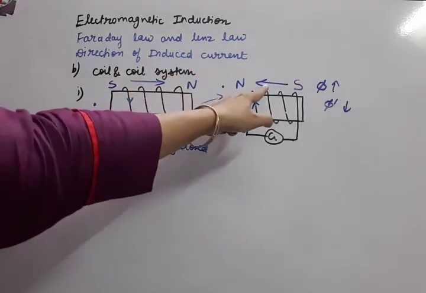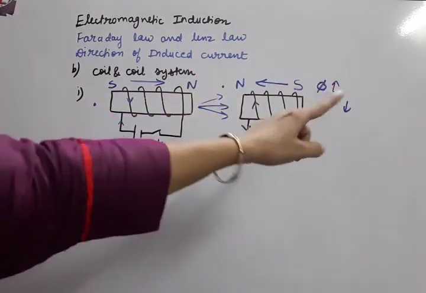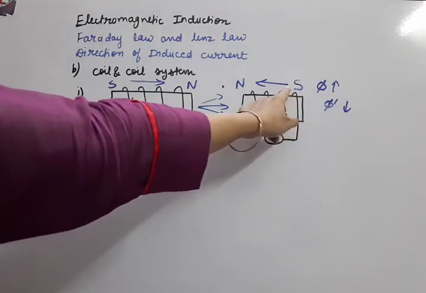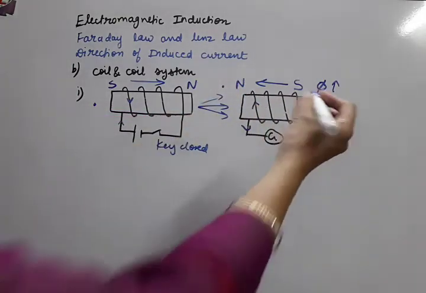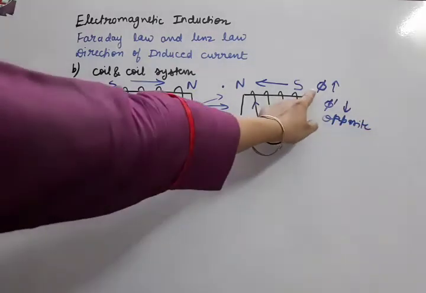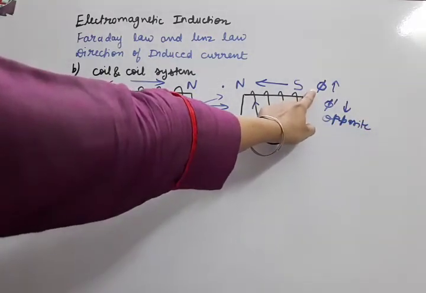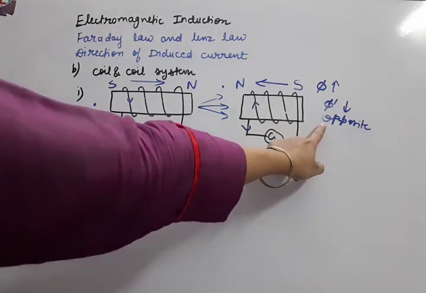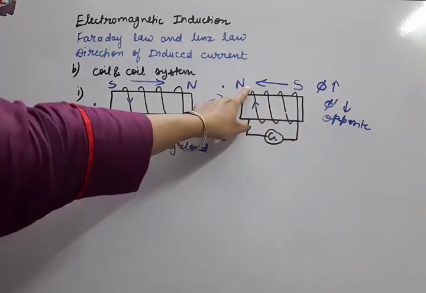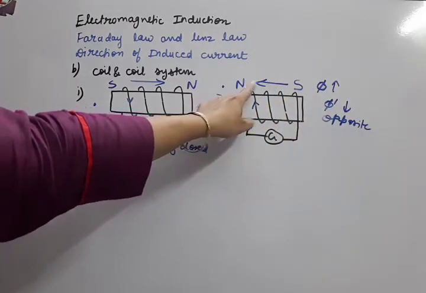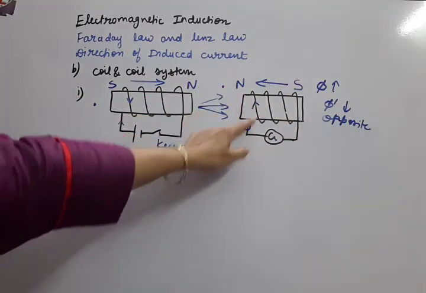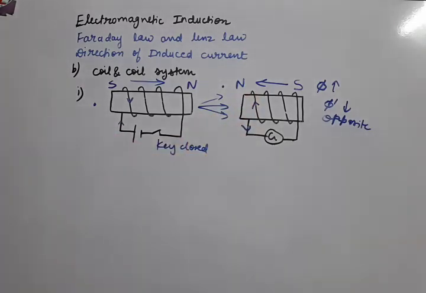If they are in the same direction, the net flux will increase, but we don't want that. So remember, whenever the cause is an increase of flux, the new magnetic field line should be opposite to the original. So this should be the direction of the magnetic field lines of the secondary coil. That means this should be the south pole and this should be the north pole. If it is the north pole, the direction of current here should be anti-clockwise.